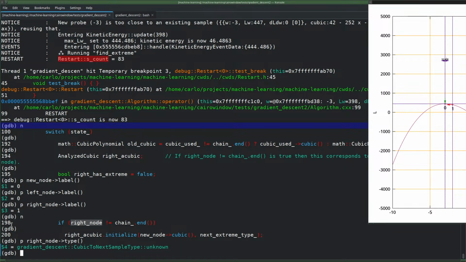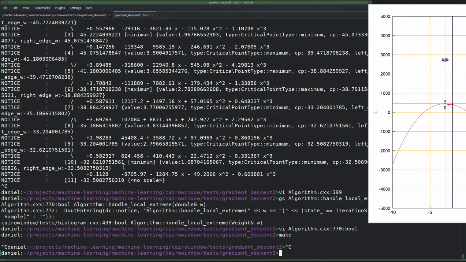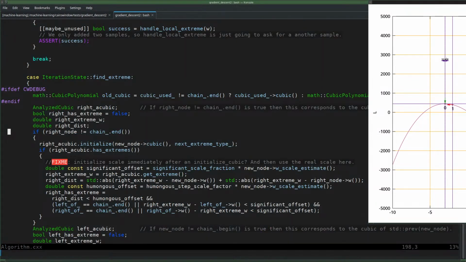It's 198. So how come that the last time that wasn't the case?